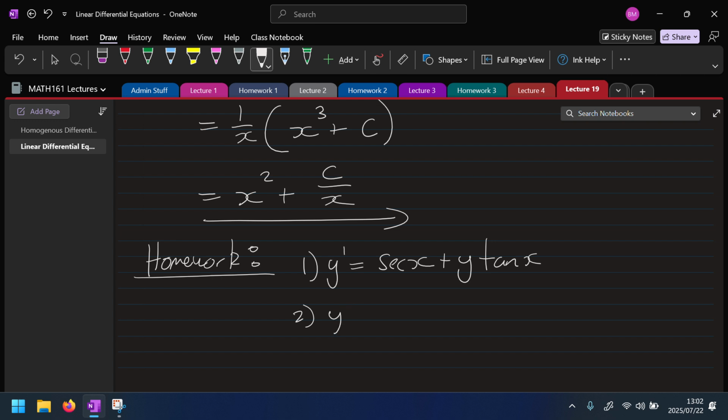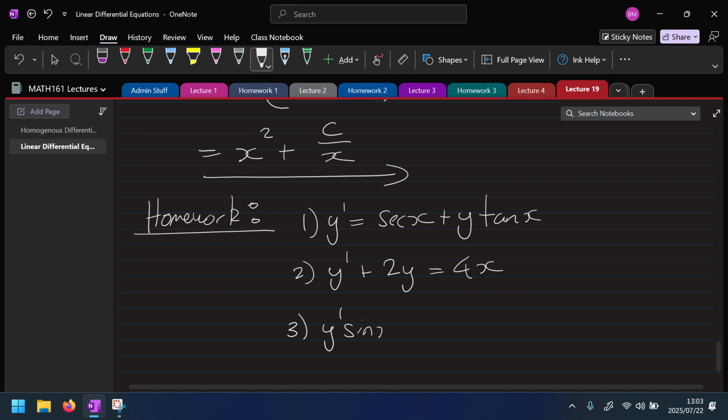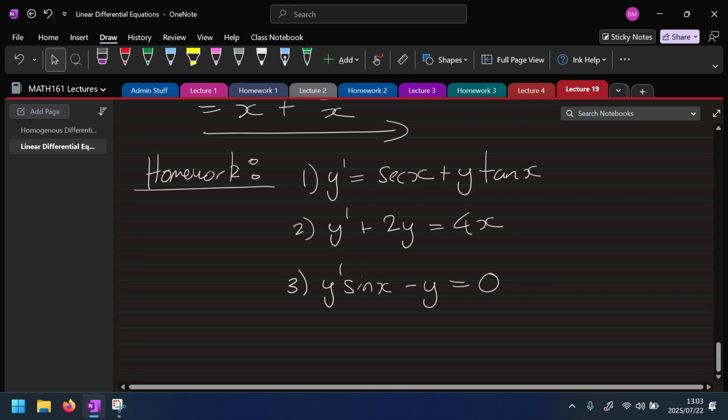Number 2, y prime plus 2y is equal to 4x. This is in standard form, and our p of x is just 2. And number 3, y prime times sine x minus y is equal to 0. This is not in standard form. We need to first divide by the sine x, and then it will be in standard form.